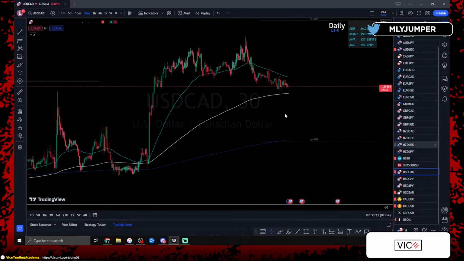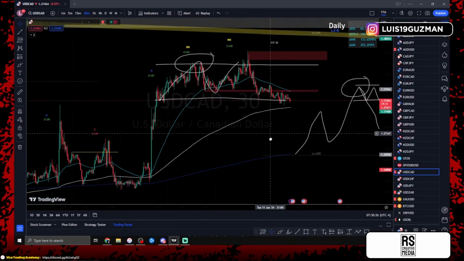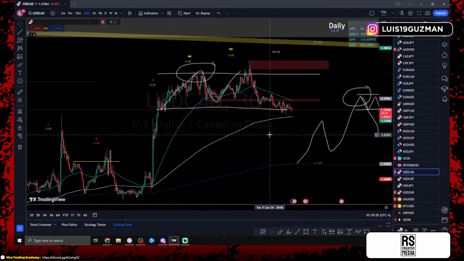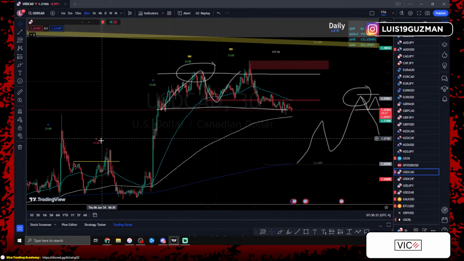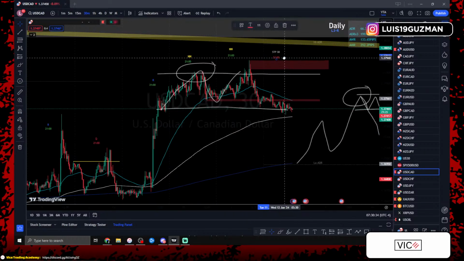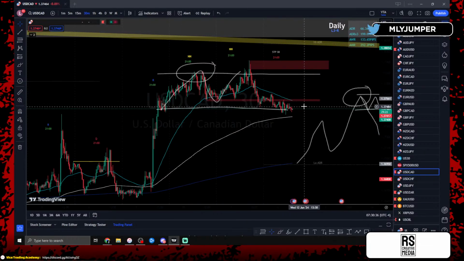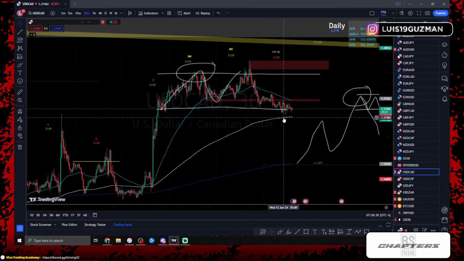USD CAD, we're still at the top of the zone of consolidation, still just consolidating. This has a red 4-hour candle and 38 pips, 66 pips is ADR. STP is 44.